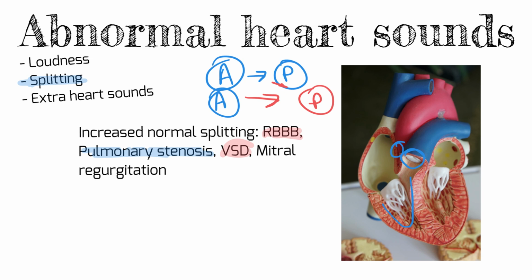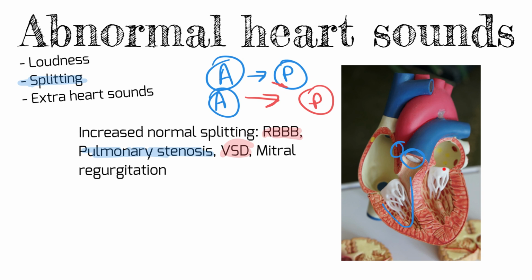And then mitral regurgitation can also cause an increased normal splitting. If we think of the mechanism of mitral regurgitation, the mitral valve is supposed to close at the start of systole, and then when the left ventricle contracts, blood goes into the aorta.